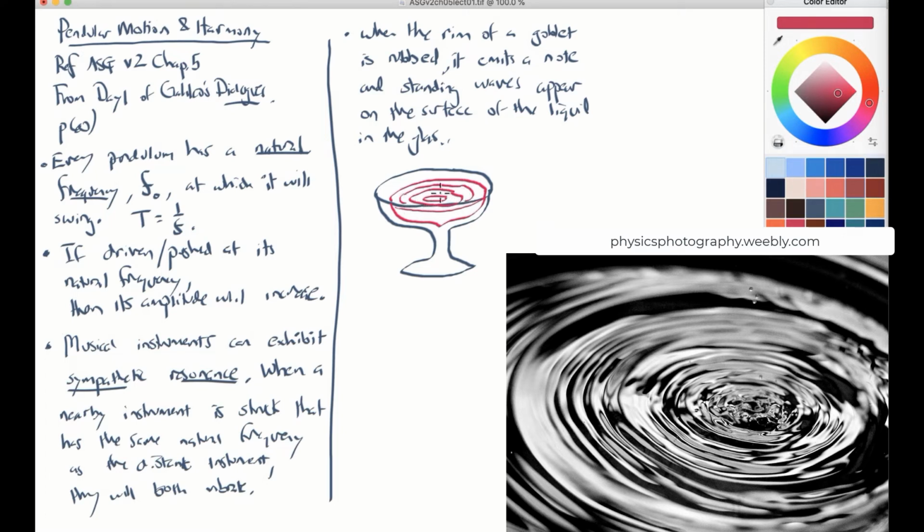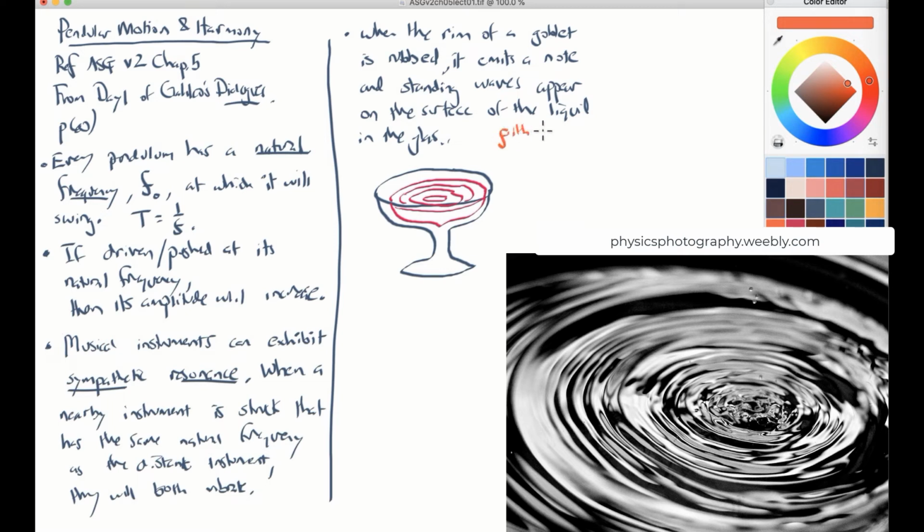And you could look at the separation between these ripples. And the separation between them is going to be related to the pitch of the note that's being emitted. And this is something that Galileo notes, that sometimes as you're rubbing this and you look at the distance between these ripples, there's going to be some note, some frequency, or some pitch.